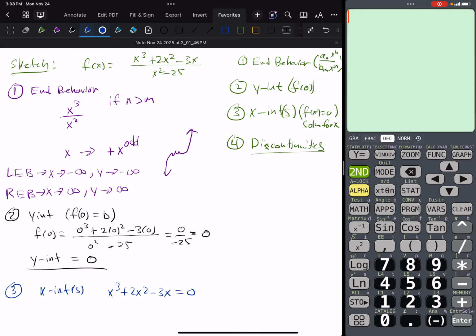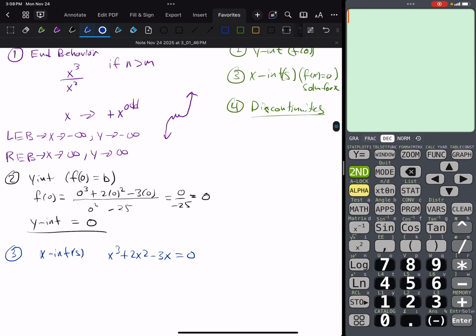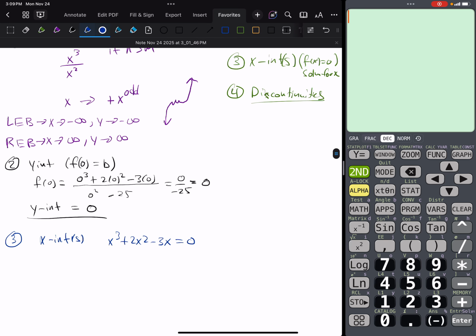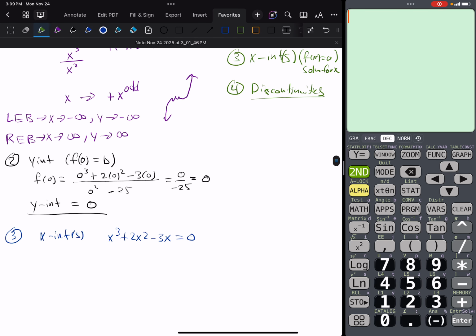I set that equal to 0, and I solve for x. That does not look like fun to solve for x. How do I remember what to do here? It's a cubic. I've only given you one set of tools to solve a cubic with, and that's to factor it into simpler equations using principle of zero products.